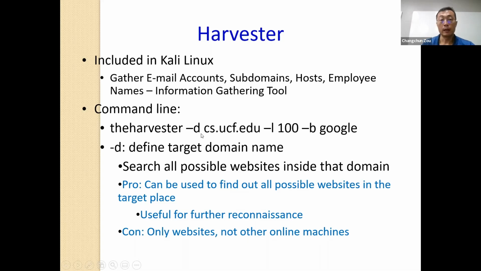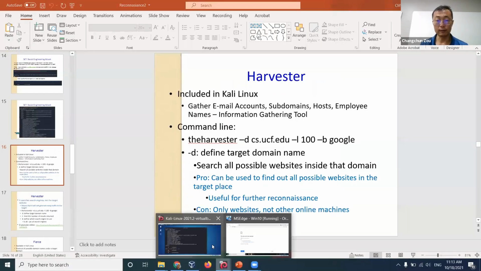We can run it on a public web server, because theHarvester basically calls the Google search engine to do the search, so it doesn't send any traffic to the target website. Remember, it's just as if you are manually using Google to collect information, so there's no harm in collecting information on a real website. So let's try this. It's called theHarvester.